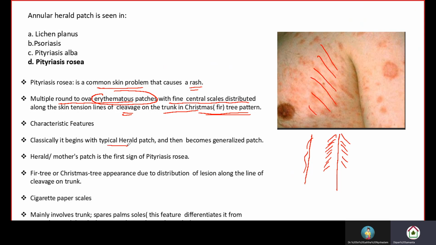Classically begins with a typical herald patch. This is called herald patch. So remember this term, very important, herald patch. Herald patch is seen in pityriasis rosea, P. rosea.